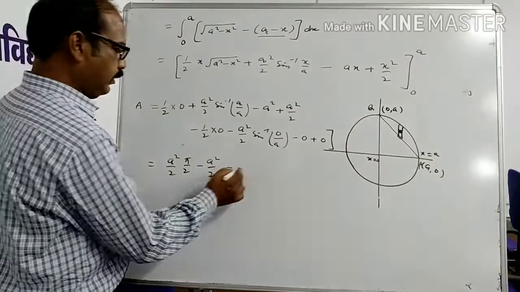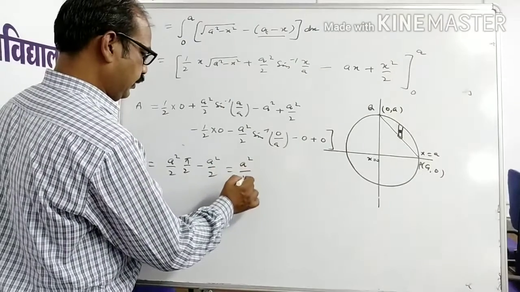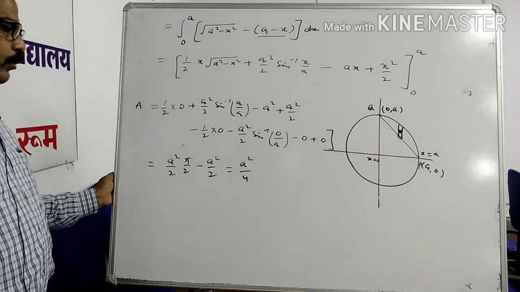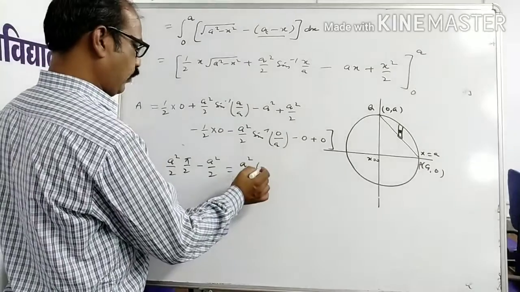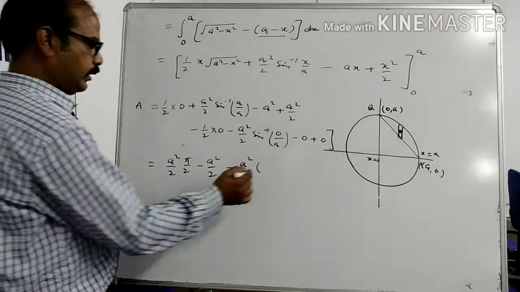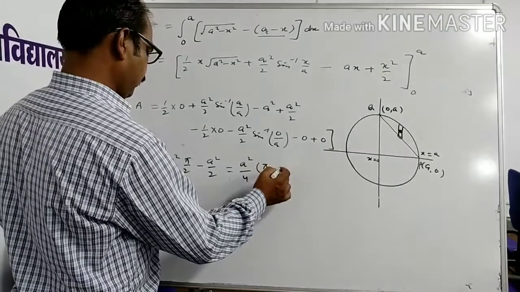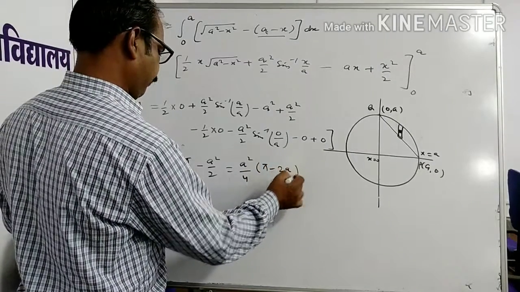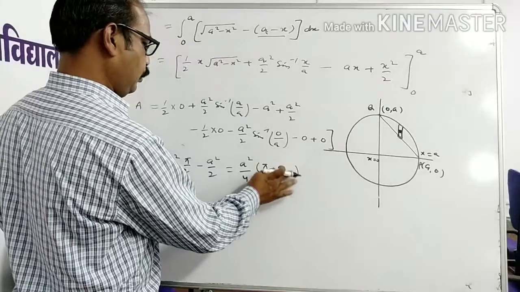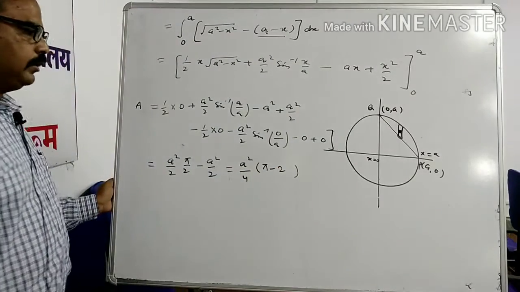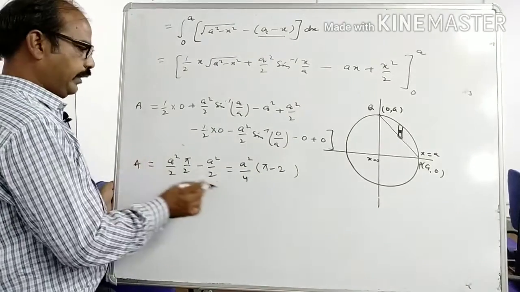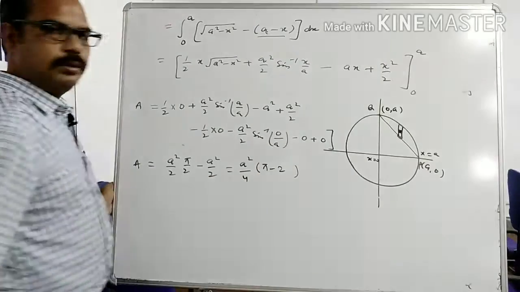Now if we take out a square by 4 as the common factor, then it is pi minus 2, not 2a, it is a square that is the common factor. So the result is a square by 4 (pi minus 2).